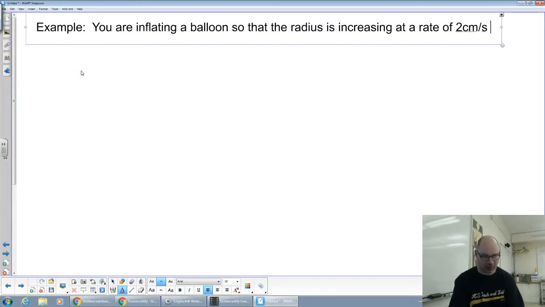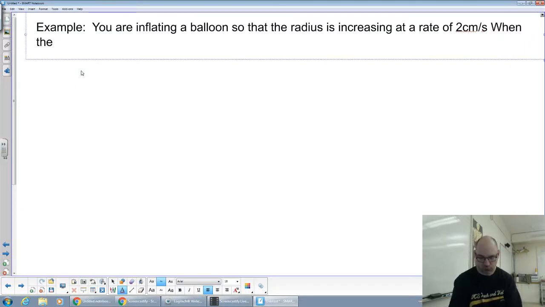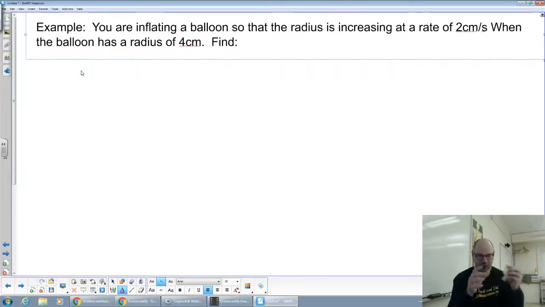So you have to find it at a specific time. Find, okay, knowing that you're blowing up the balloon and at 4 centimeters of radius, when it's at that spot, the radius is growing at 2 centimeters a second. Find out how fast the circumference of the balloon is growing.